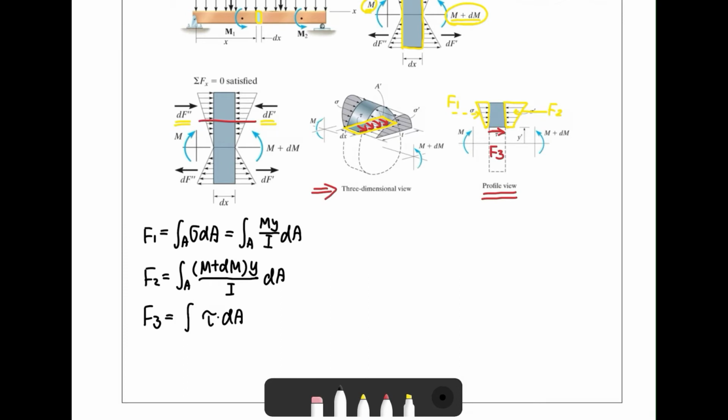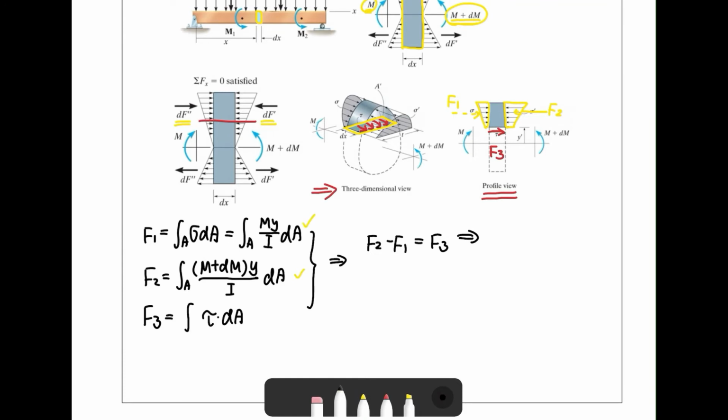Okay, so if we sum the forces in the x direction, the mismatch, F2 minus F1, is actually going to be F3. Now you can see F2, which is this equation, minus the top equation here.